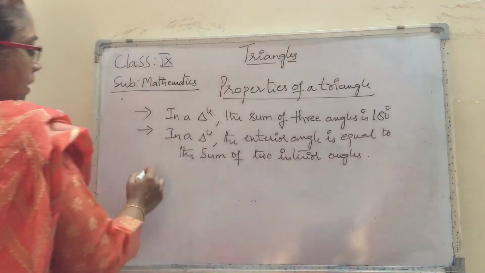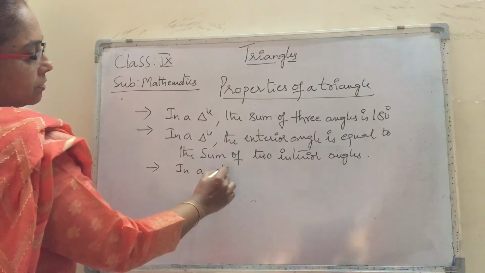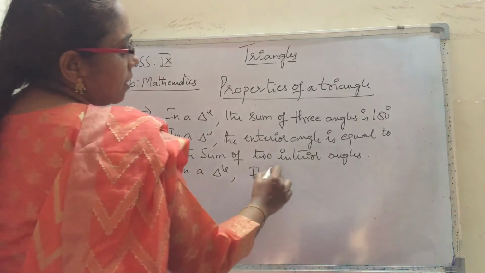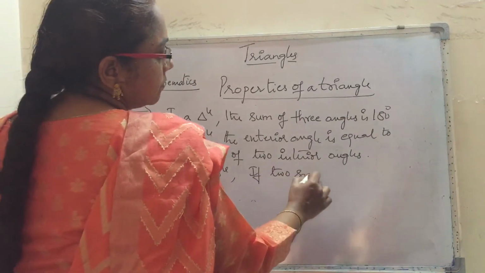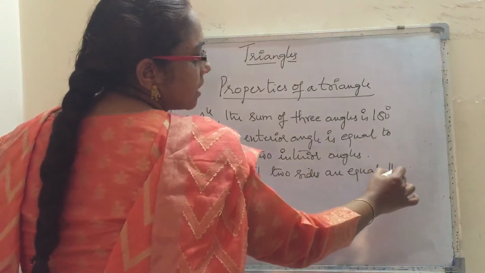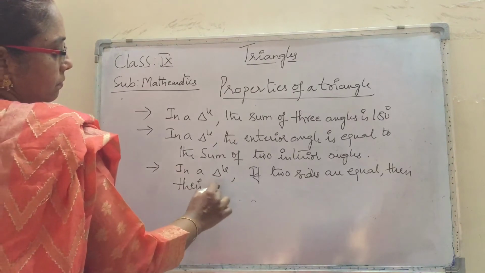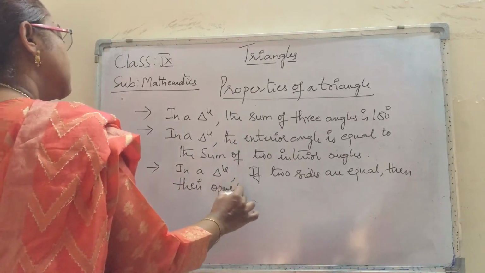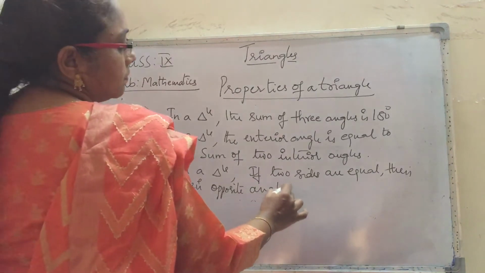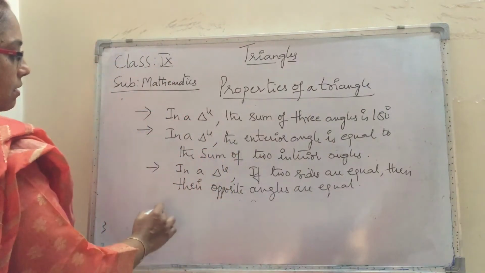Now, the third one is, in a triangle, if 2 sides are equal, then their opposite angles are equal.